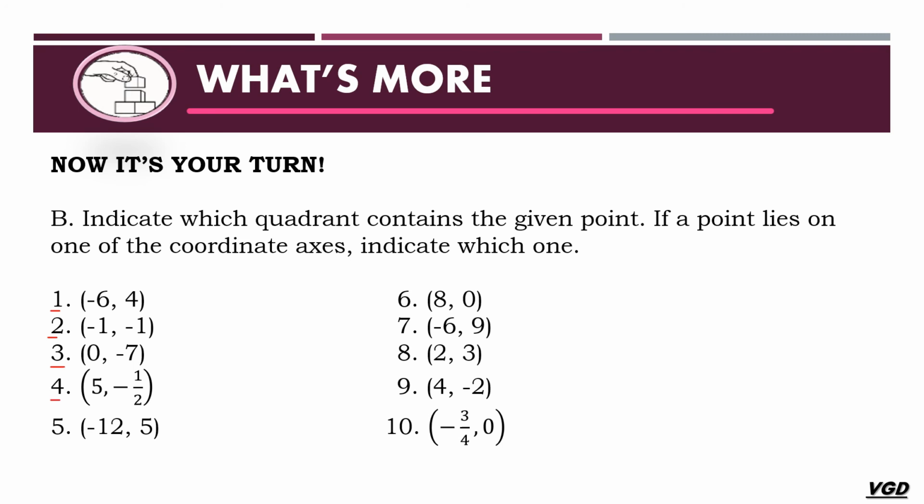Number 4, 5 and -1/2. Number 5, -12 and +5. Number 6, 8 and 0. Number 7, -6 and 9. Number 8, +2 and +3. Number 9, +4 and -2. And number 10, -3/4 and 0. That's for B.